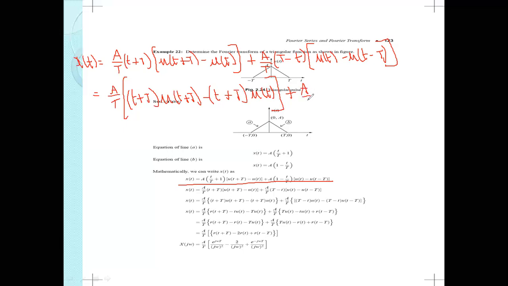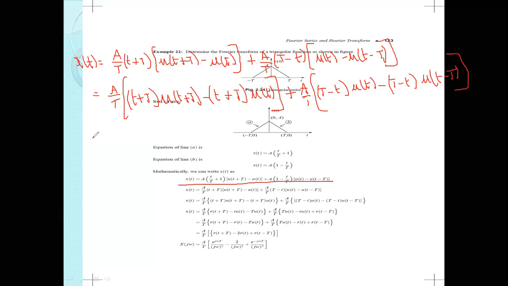A by capital T is outside, T minus t into u(t) and minus T minus small t into u(t minus T).